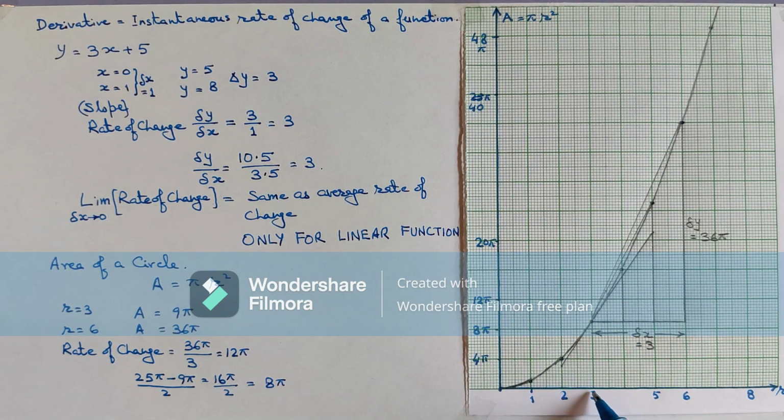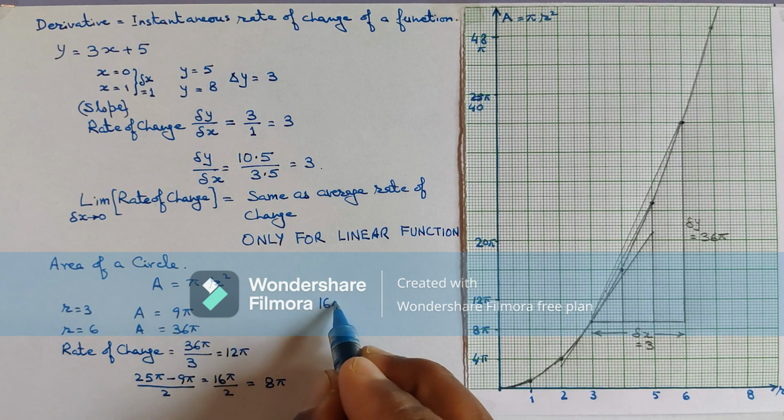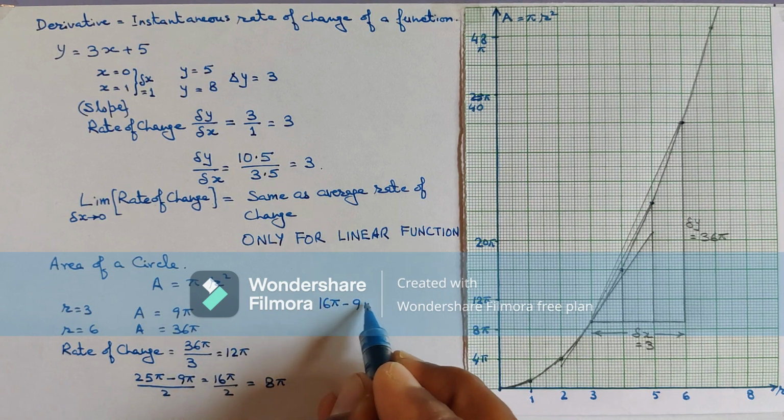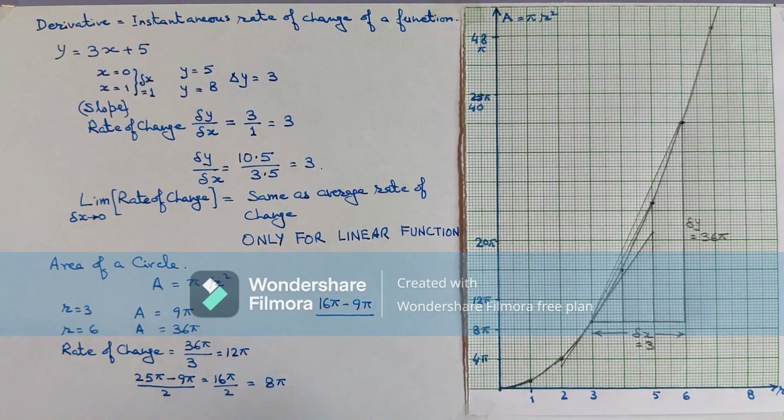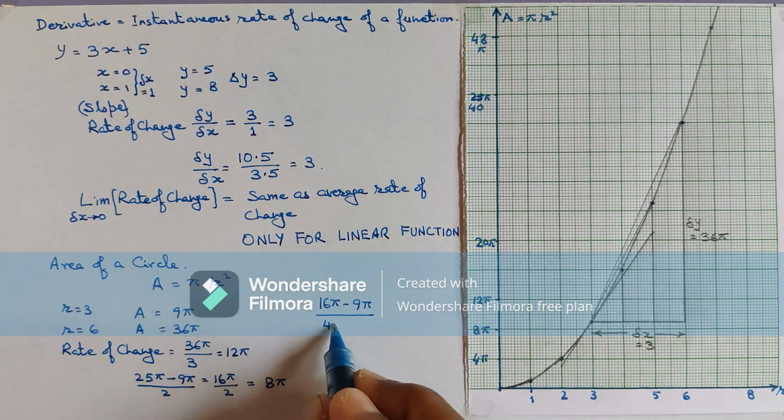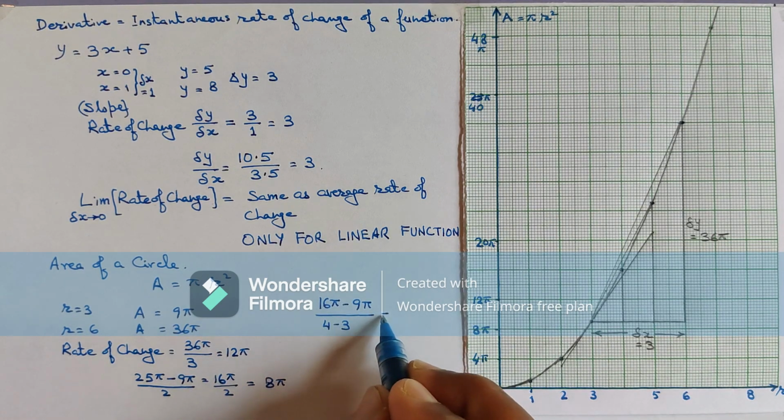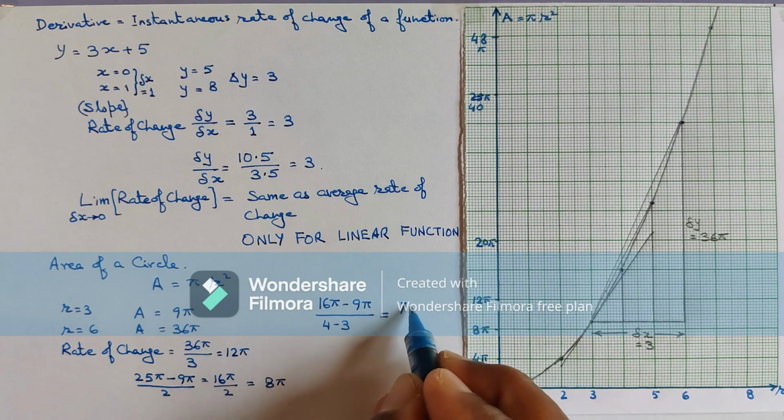First point at 3, x is equal to 3, y is equal to 9 pi as before. First point remains the same in all three examples, and second point I bring it to 4, and area becomes 4 square, 16 pi. 16 pi minus 9 pi divided by 4 minus 3 works out to 7 pi.